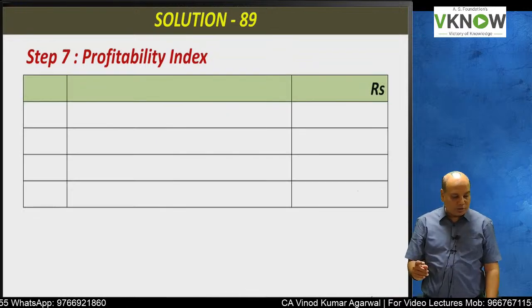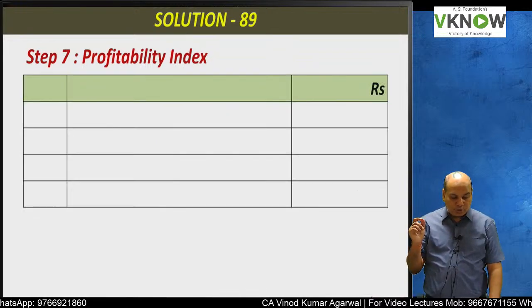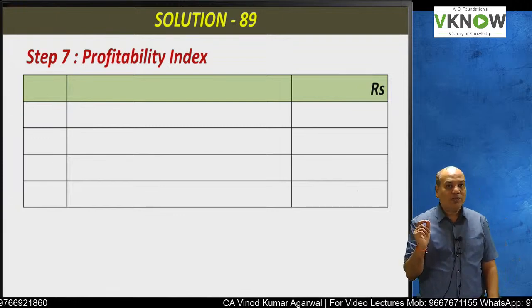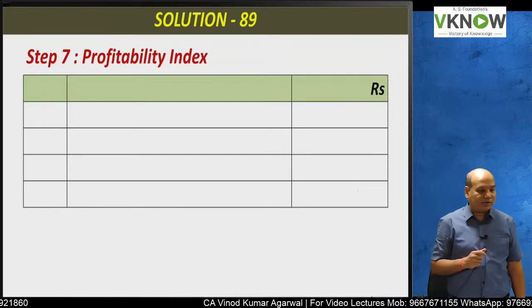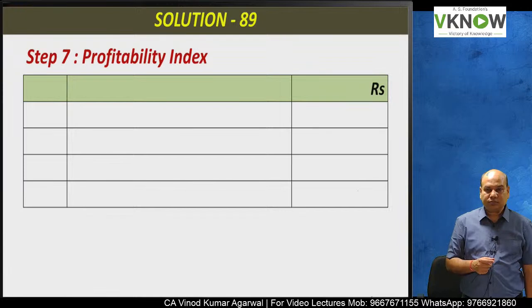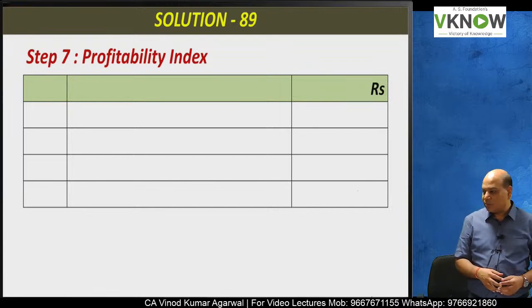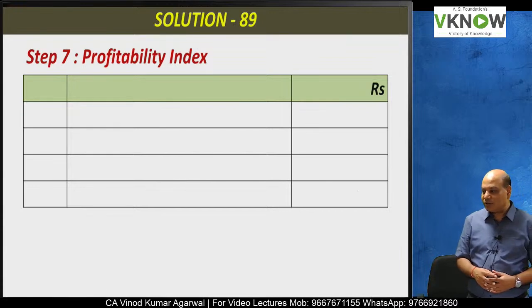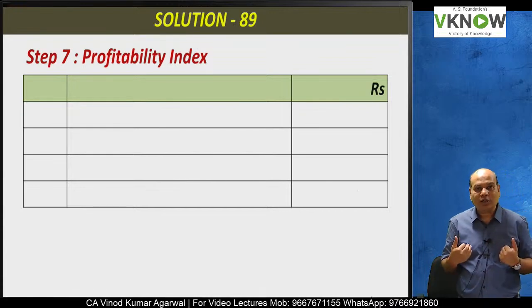One more question was there. Step 7. What is the profitability index? So please answer my question. What is the profitability index? I am asking you. You are looking at me.